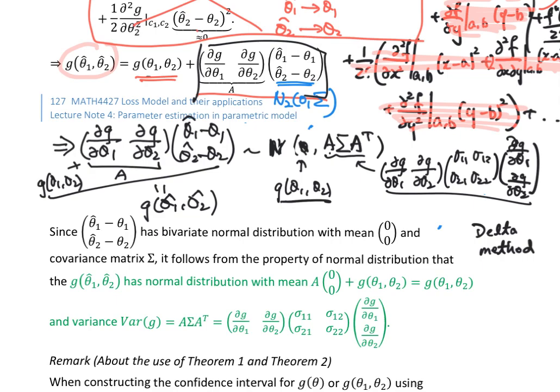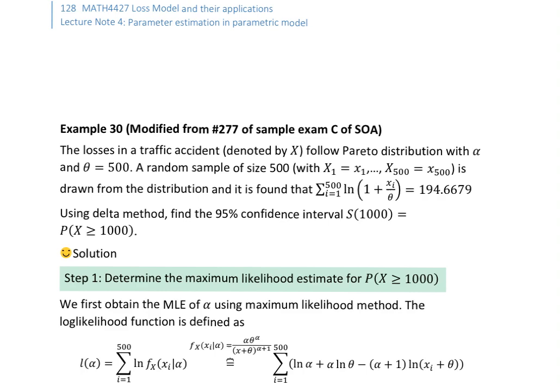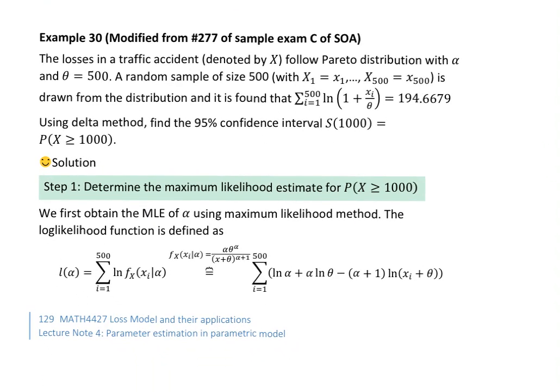Now, this is the theoretical part, and let us look at some numerical examples and have some quick practice on this delta method. In example 30 we consider this scenario. Suppose the losses in a traffic accident follow the Pareto distribution with parameter alpha and theta equal to 500, which is given to you.